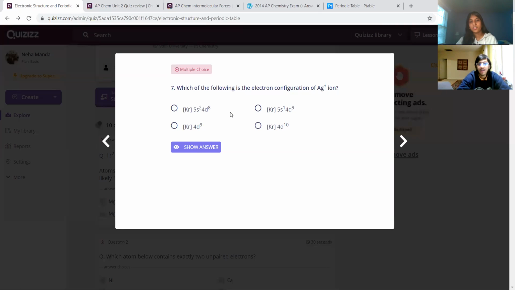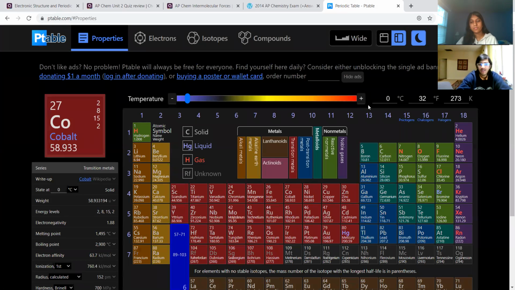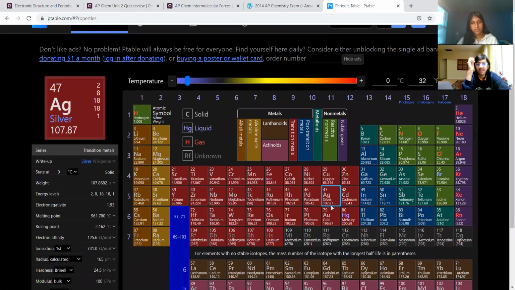Can you go back to the periodic table one second? So you're saying Ag+, the thing is, Ag itself doesn't do that, does it? What would Ag itself be? It would be 5s2 4d9, right?